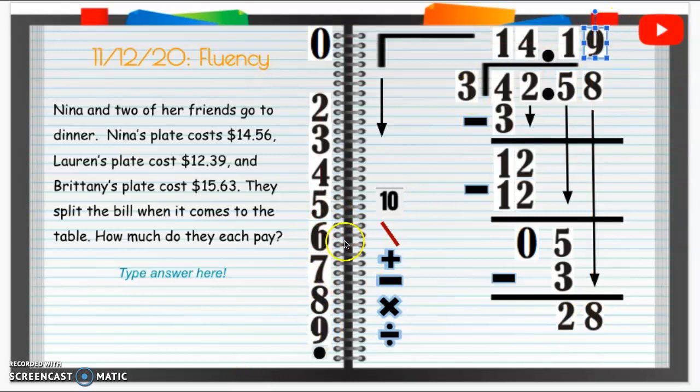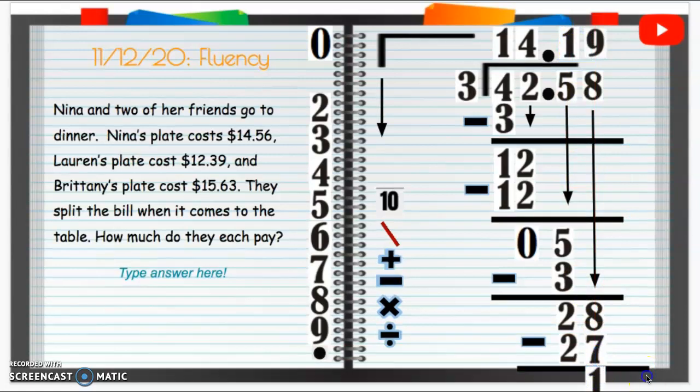And then I know 3 times 9 is 27. All right, now, since we are going to subtract here, I'm going to have to copy and paste this. Now I have 28 minus 27, which is 1.